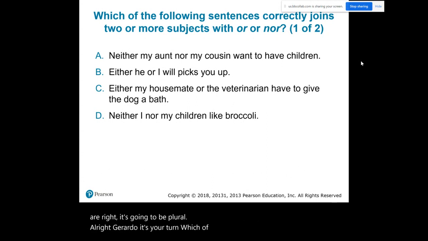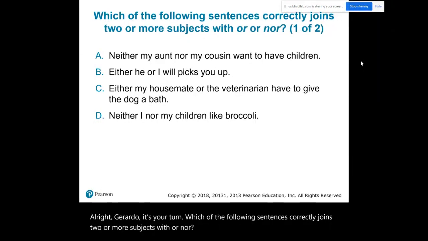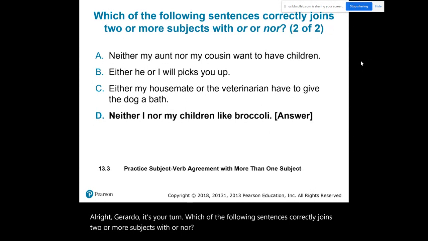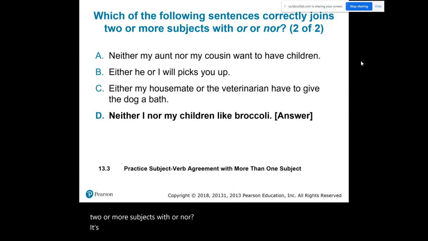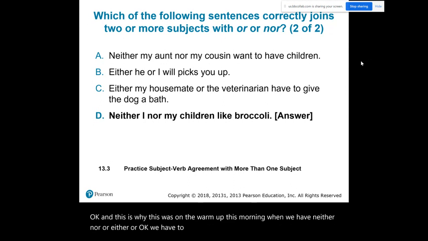Which of the following sentences correctly joins two or more subjects with or or nor? A. It's letter D. Okay, and this is why. This was on the warm-up this morning. When we have neither nor or either or, we have to look at the subject that is closest to the verb.